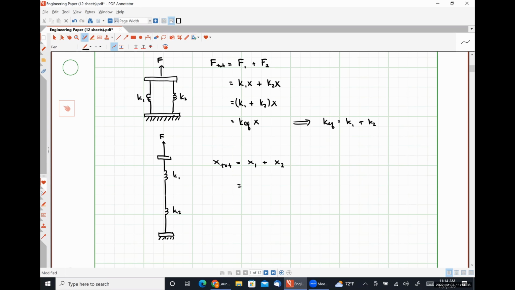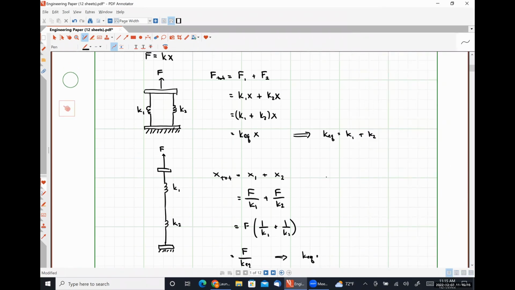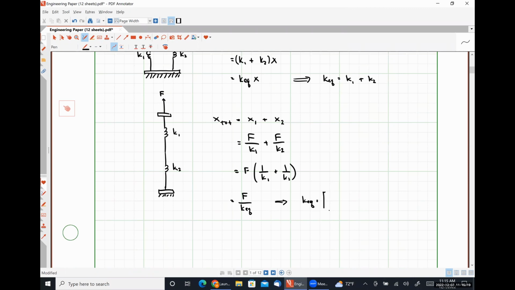Since they experience the same amount of force, we're going to have F over K1 plus F over K2, which looks like F times (1 over K1 plus 1 over K2), or F divided by some equivalent spring constant, where we can see that our equivalent spring constant, KEQ, is equal to one over K1 plus 1 over K2, and then we take the reciprocal of the combination.